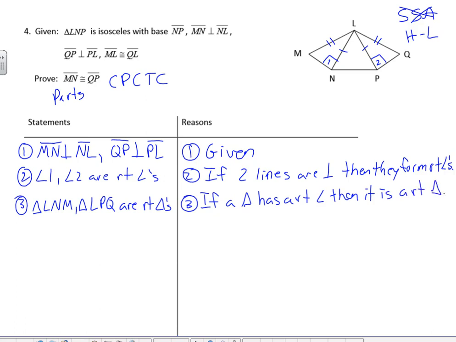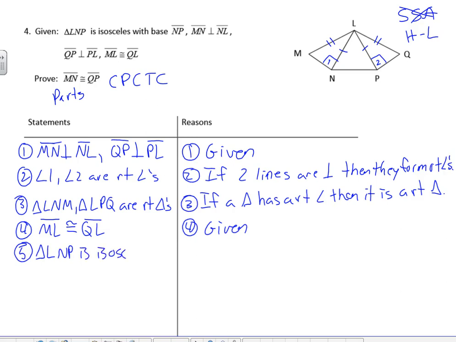All right, so we've said they're right triangles. Now let's do the hypotenuse piece of this. So step 4, the hypotenuse is ML congruent to QL. Given.